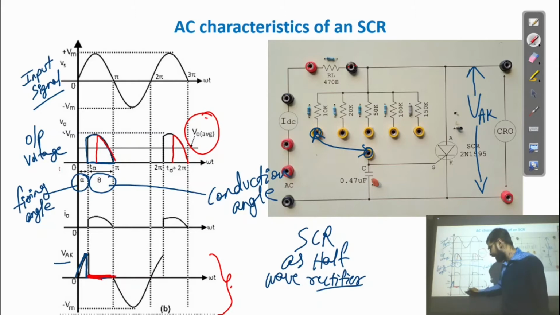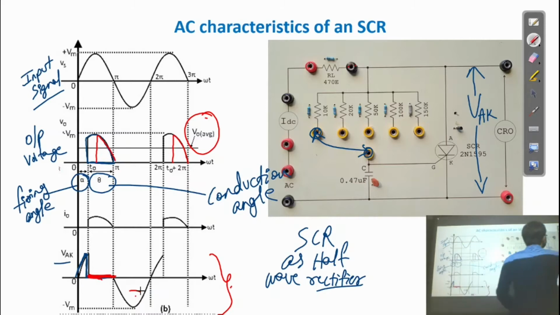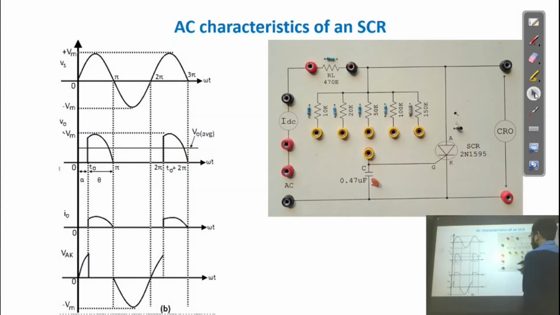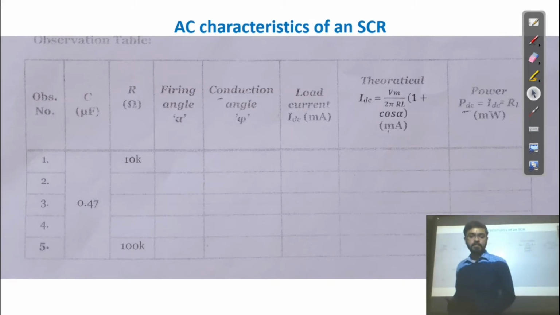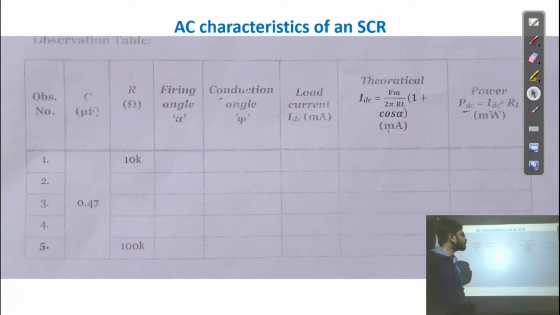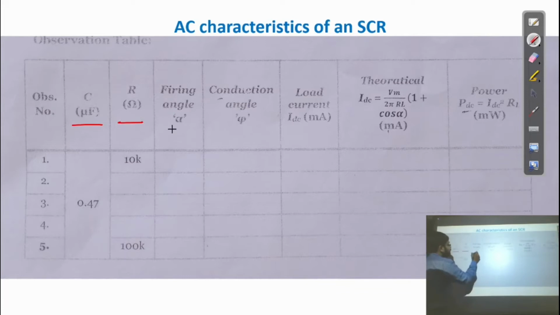For the negative cycle, SCR will not work. SCR will be in cutoff state, right? So this is the working of an SCR with AC signal. Okay. So let us see the observation table consisting of capacitor, resistance.